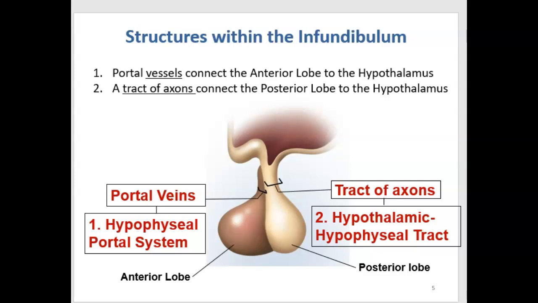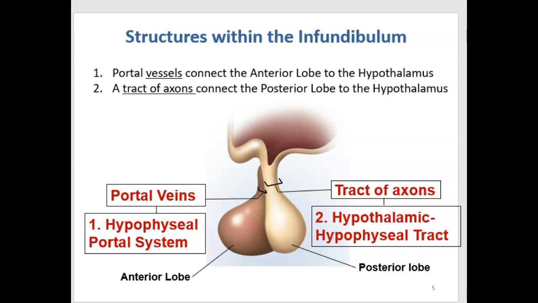Portal vessels, or blood vessels, connect the anterior lobe to the hypothalamus. So within the infundibulum, there's a network of blood vessels called the hypophyseal portal system. They're venous, not that that matters, venous or arterial, but they're hypophyseal portal system vessels.